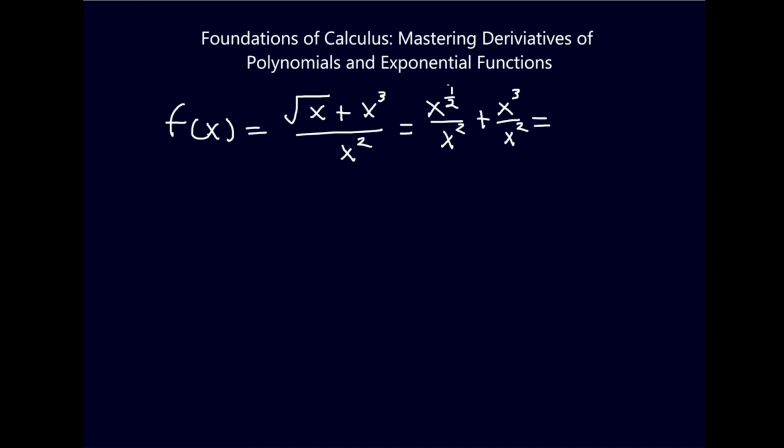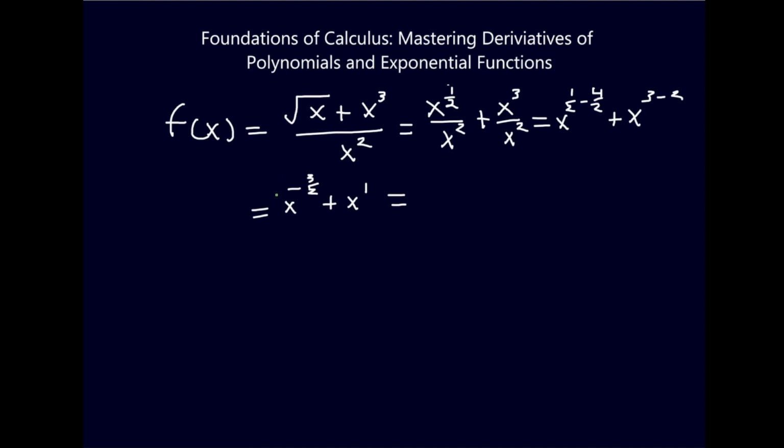So anytime you divide two powers of x, it is the same thing as subtracting the exponents, so x to 1/2 minus 2. Rewritten, minus 2 can also be rewritten as 4 over 2, just so we have common denominators. And then this is x to the 3 minus 2. So simplified, this is x to the negative 3 over 2 plus x to the 1. And now we can use the power rule.